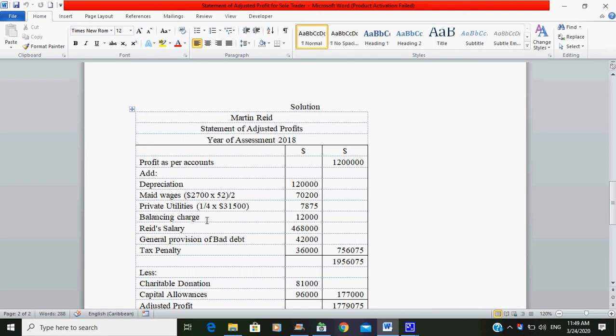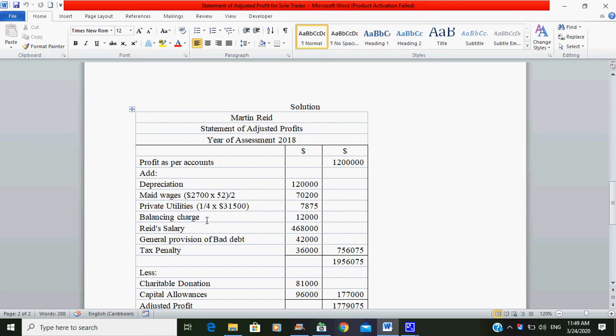Then you have the balancing charge, which should be added back. It is a capital related charge which is not allowed as a deduction under the Income Tax Act. However, certain allowances described as capital allowances are given for investment in certain assets and set out by Revenue.